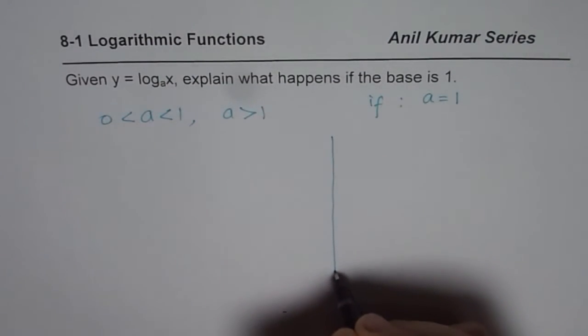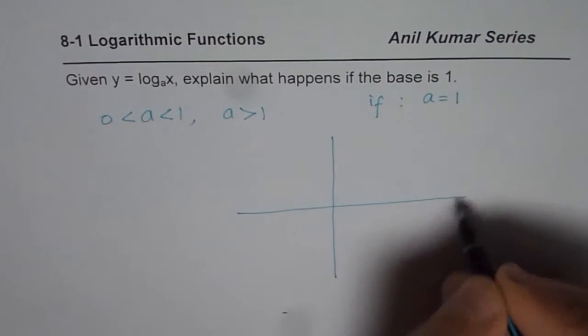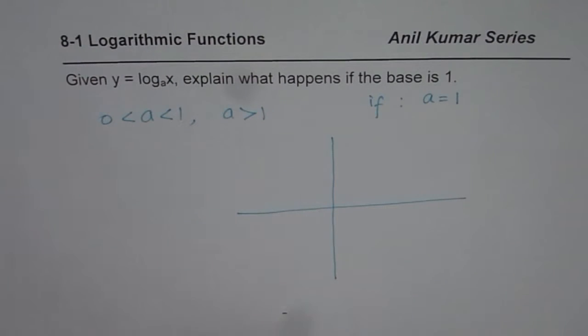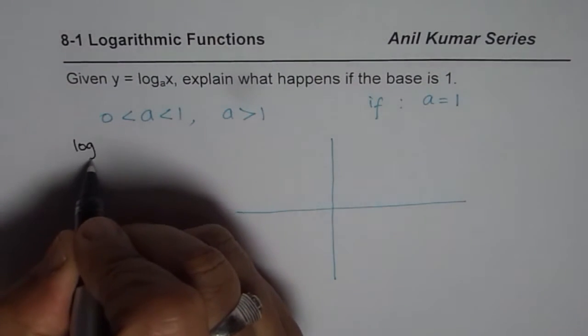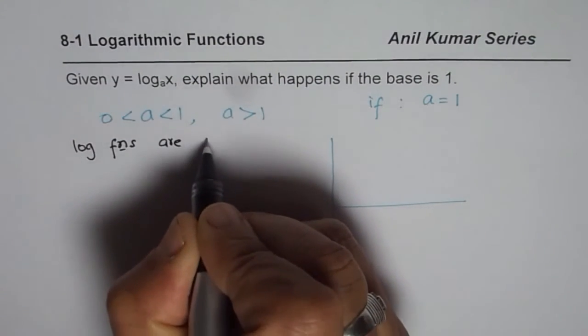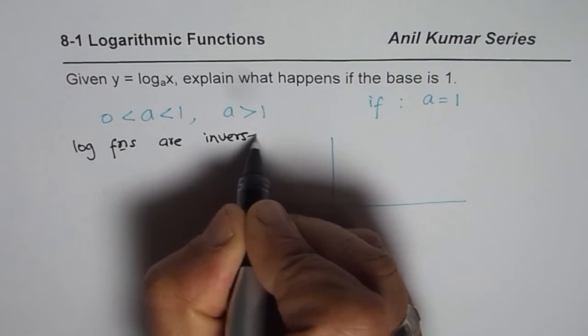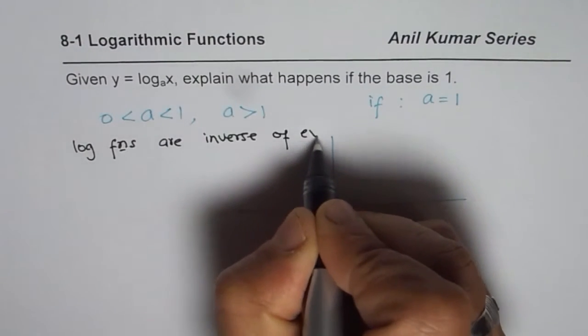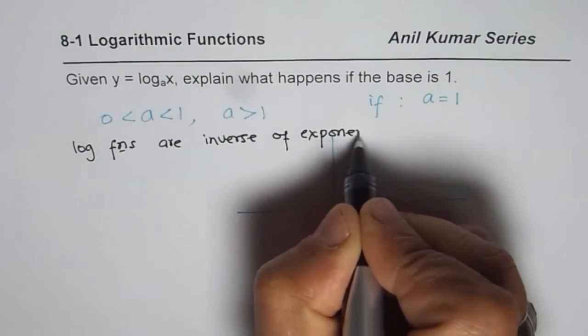As far as I'm concerned, I can do it in two different ways. We understand that logarithmic functions are the inverse of exponential functions, right? So the first important thing is log functions are inverse of exponential functions, correct?